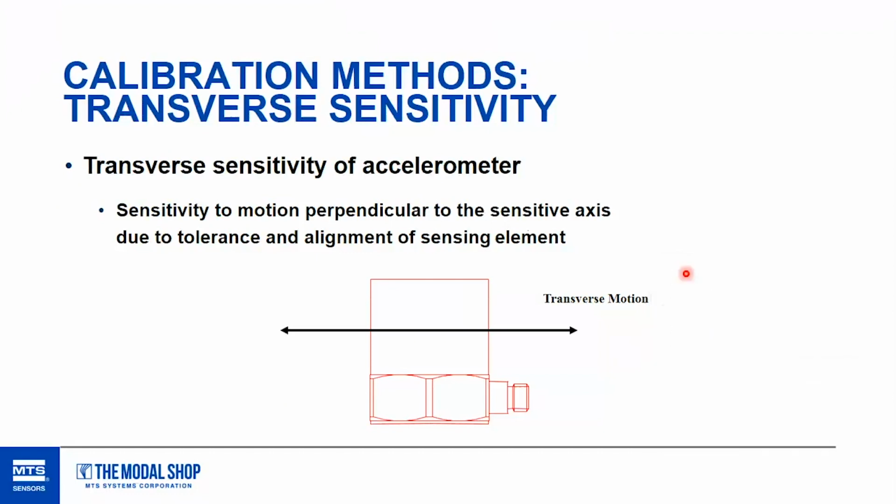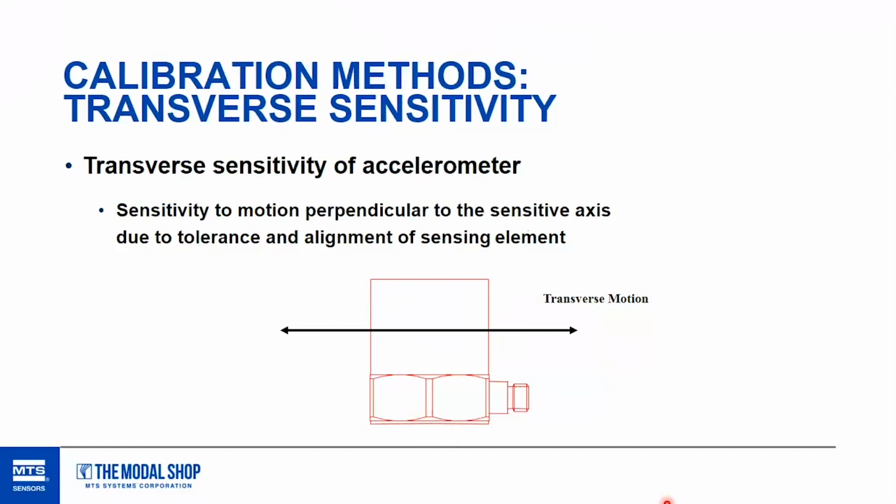Up and down is how the sensor should measure. If it's moving at all in the left and right direction, we call that transverse motion. It's perpendicular to the motion of the sensitive axis.